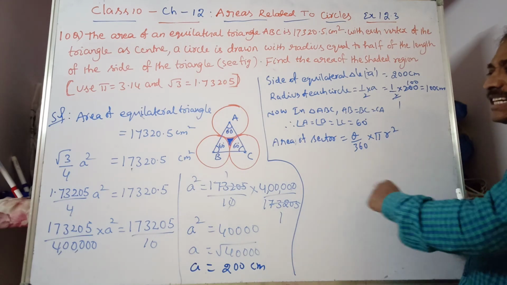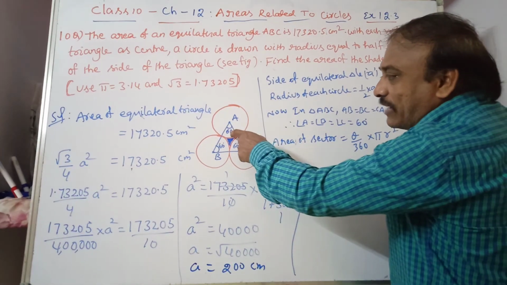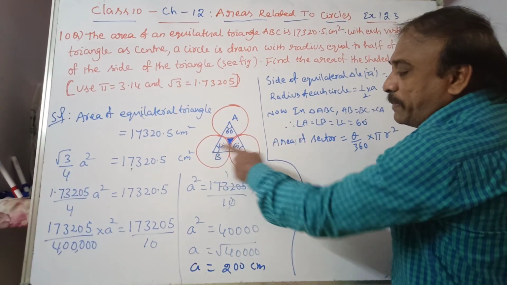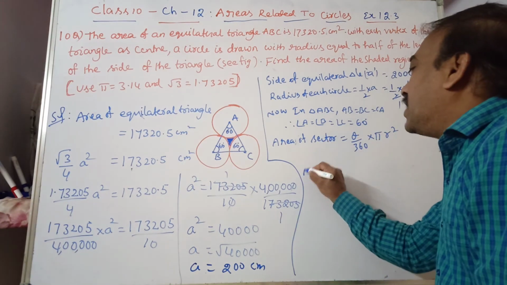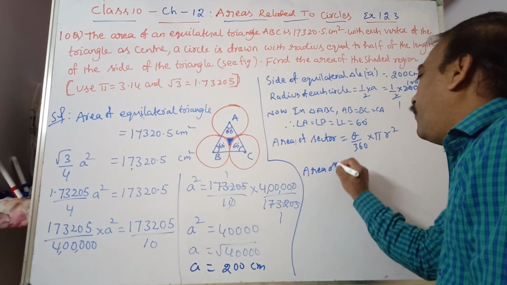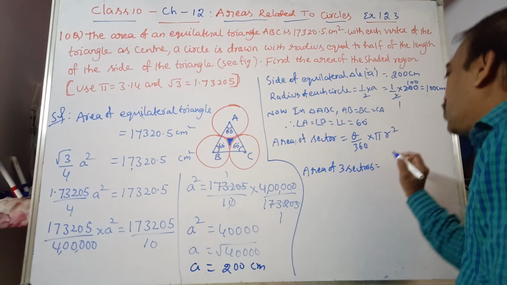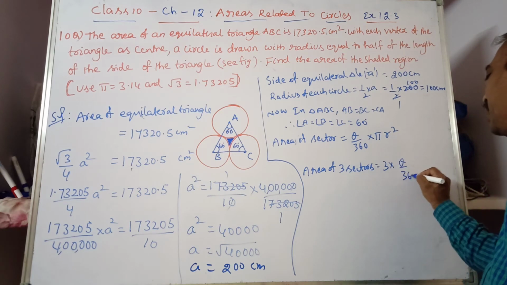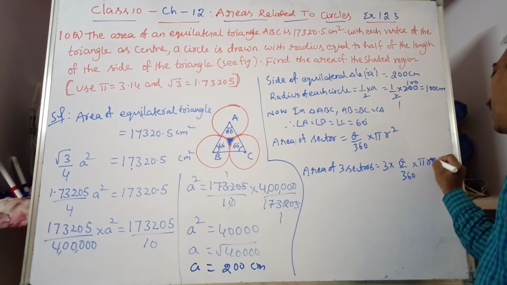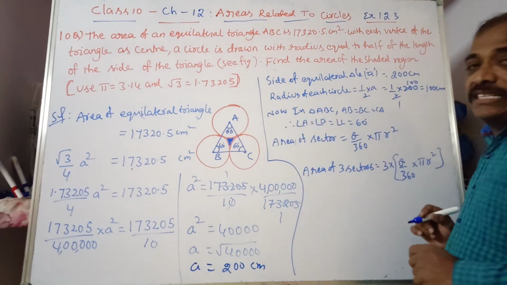Like that, how many sectors do we have? Three sectors, at vertex A, vertex B and vertex C. So area of three sectors is equal to 3 into theta by 360 into pi r square, as the radius is the same for all circles.